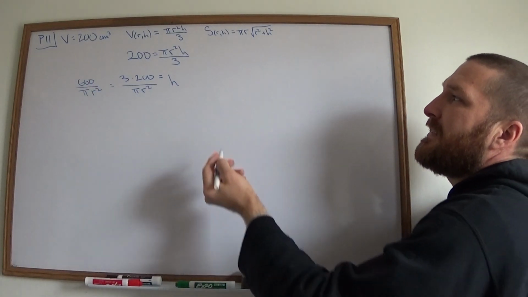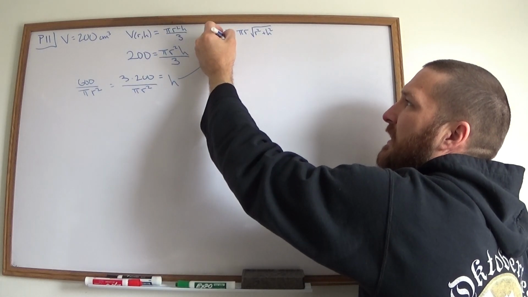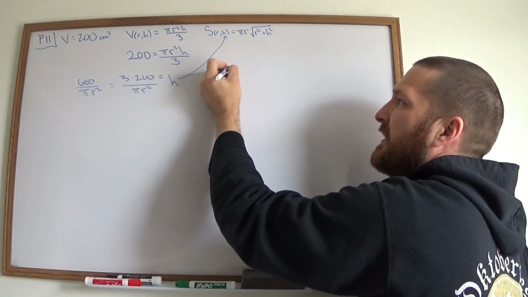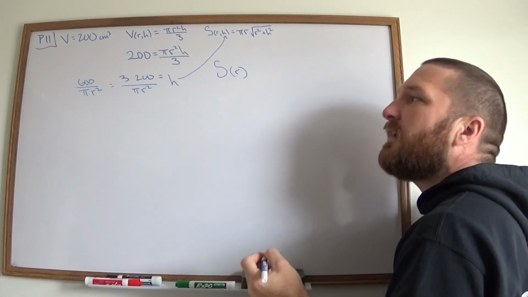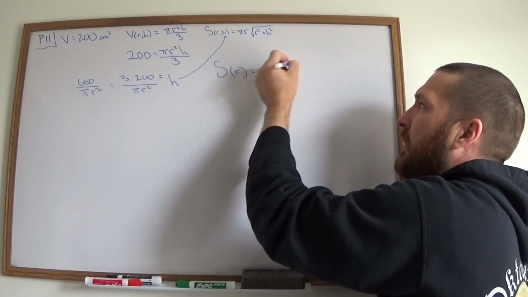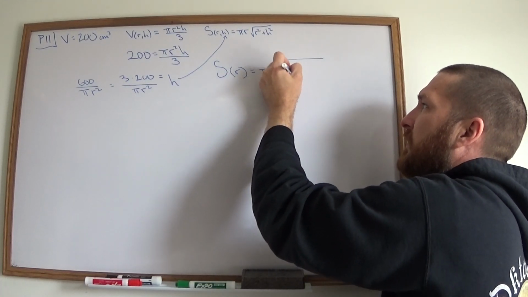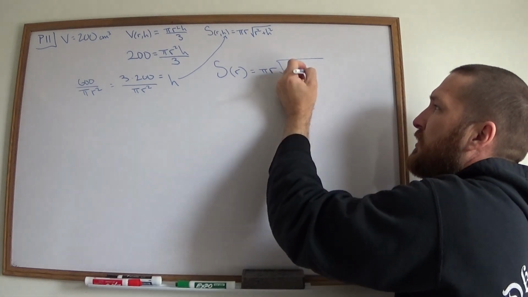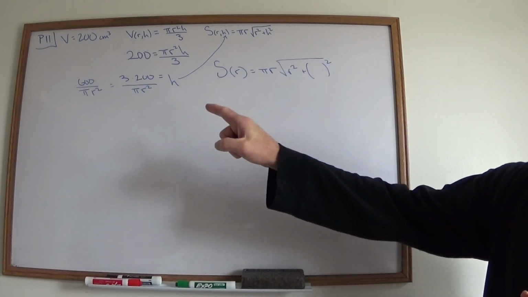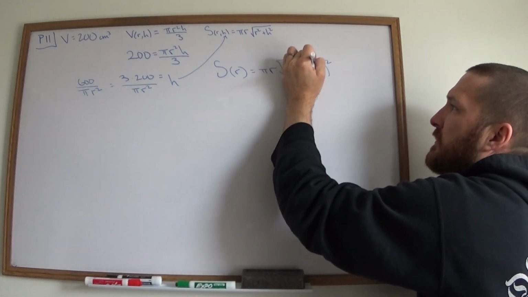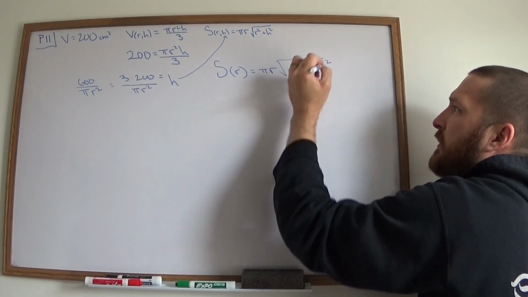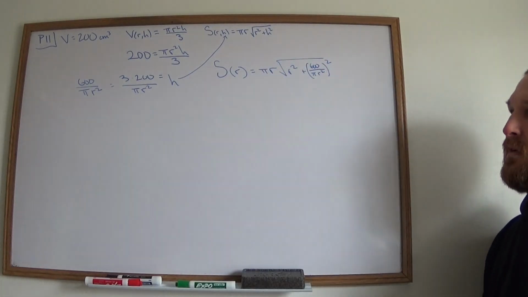Now, I'm going to take that, substitute that in here for h, to get that my surface area, now only a function of r, is equal to pi r times the square root of r squared plus 600 over pi r squared, all squared.